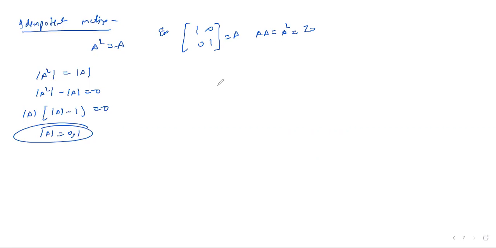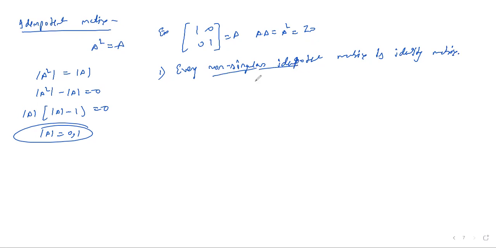Now every non-singular idempotent matrix is actually the identity matrix. Why are we saying this? Non-singular means that the determinant of A is not equal to 0, that is, the matrix A is invertible.